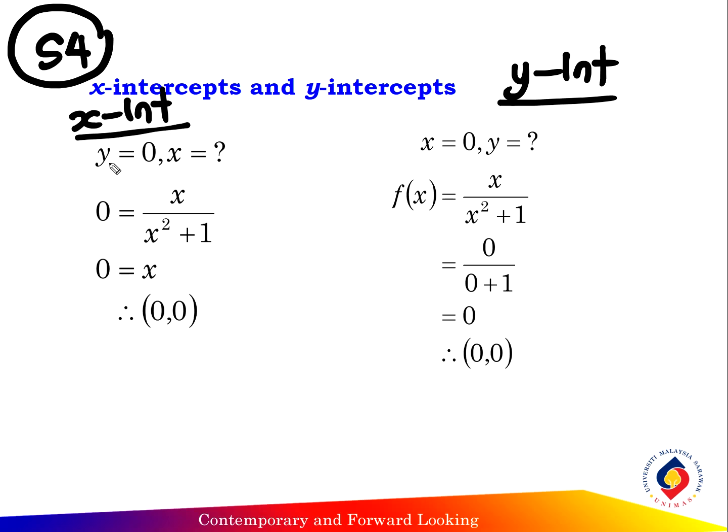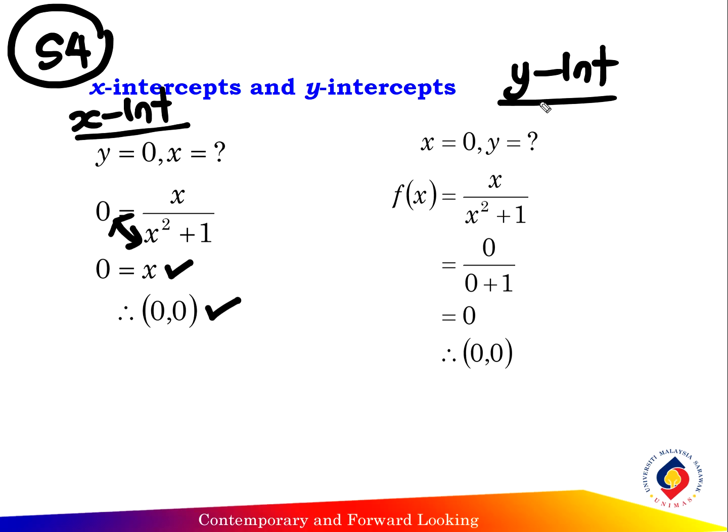You let y here equal 0, and you find the value of x. 0 equals x over x squared plus 1. And here you cross multiply, and the value of x here equals 0. Okay, so the x-intercept of the function is at the origin.